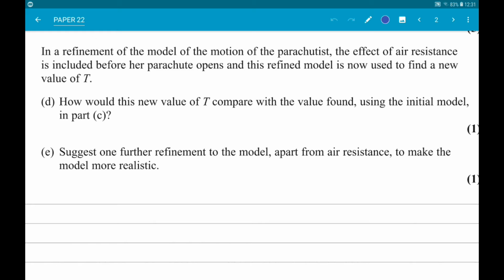We modelled her as a particle, so take into account that she's not a particle, she does have dimensions. Gravity we took as being 10, so we could be more accurate with that. Anything along those lines, and you are cool.